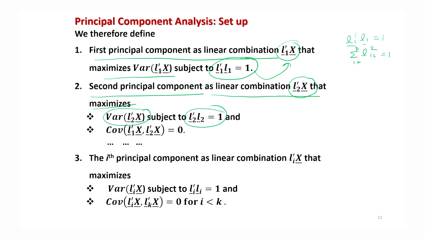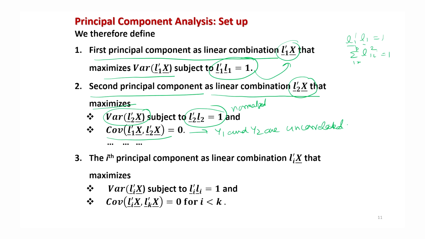That means L2 transpose X is normalized, as in the case of the first principal component, but now we add one more condition, that the covariance between L1 transpose X and L2 transpose X is equal to 0. That means Y1 and Y2 are uncorrelated.